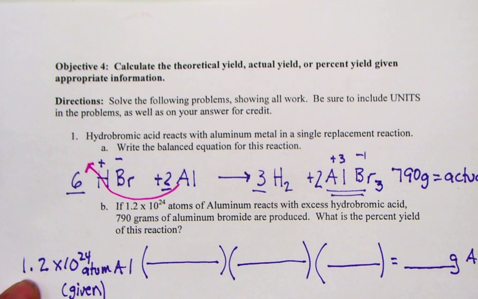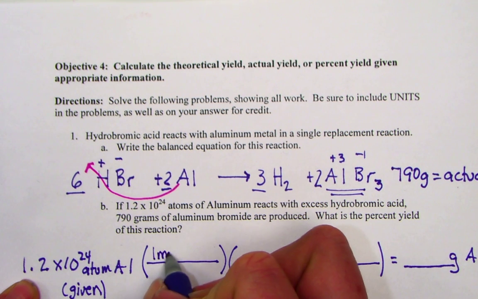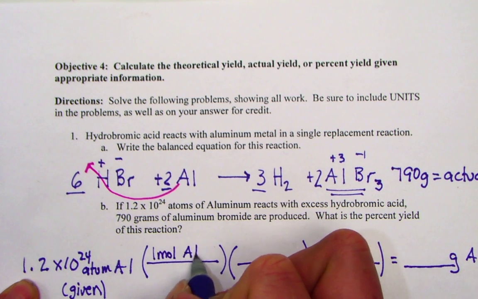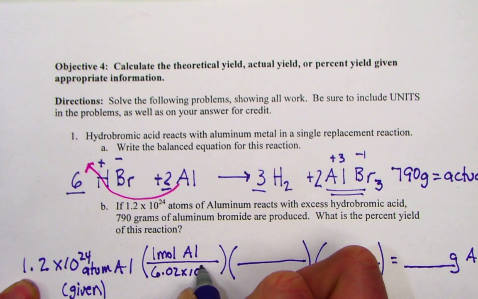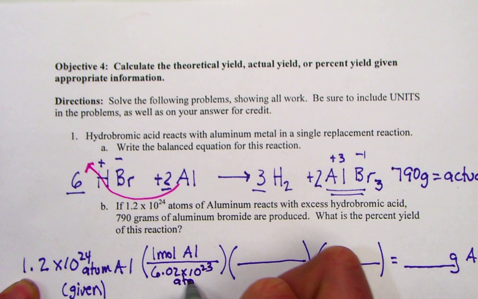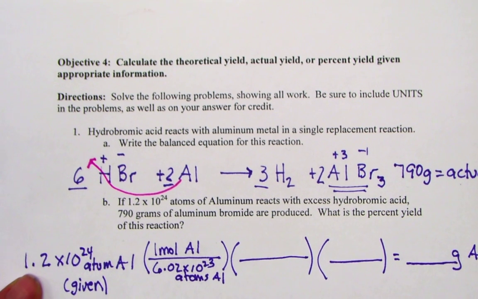Given the number of atoms, we'll calculate a mass. To cancel the number of atoms in our first step, we would write 1 mole of aluminum is 6.02 times 10 to the 23rd atoms of aluminum. When we are counting, we use Avogadro to convert to the mole.